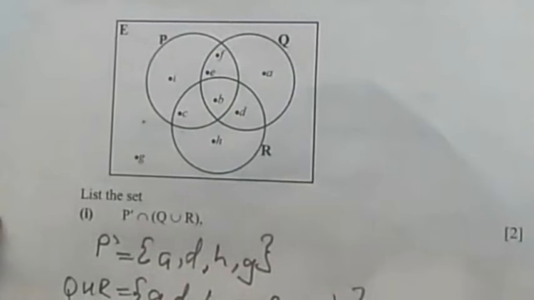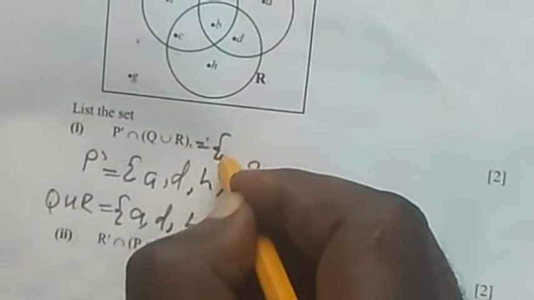Then we want to write P complement intersection Q union R. So we come here on the question and say equal to, then we do this. What is found in both?